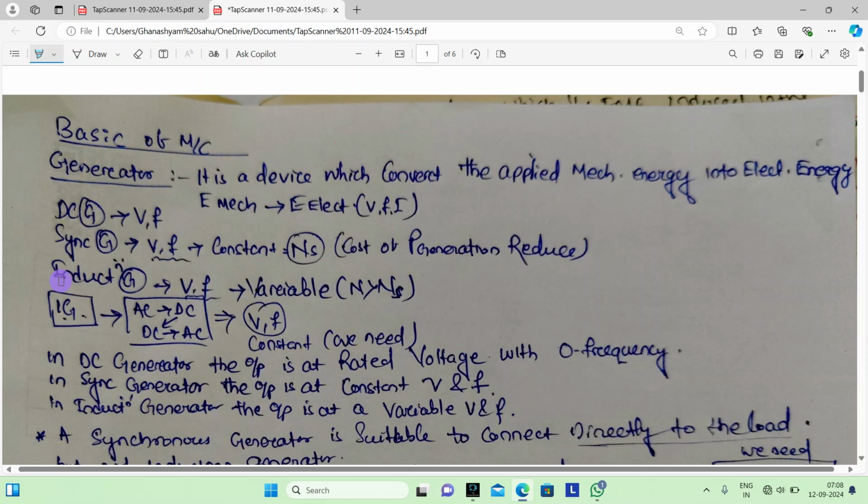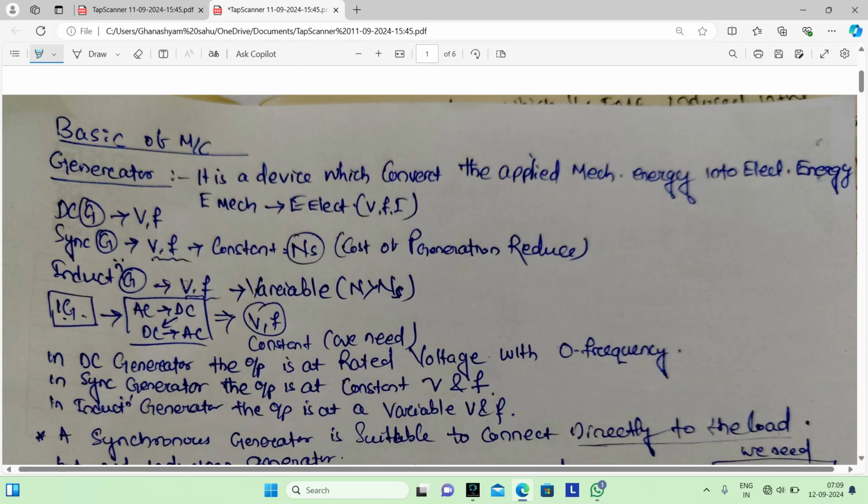In an induction generator, voltage and frequency are variable, and its speed is greater than synchronous speed.